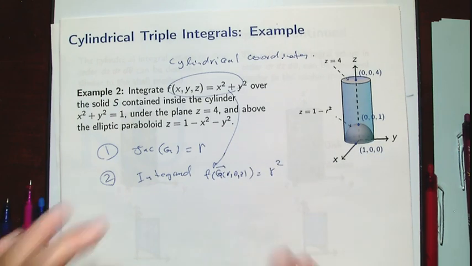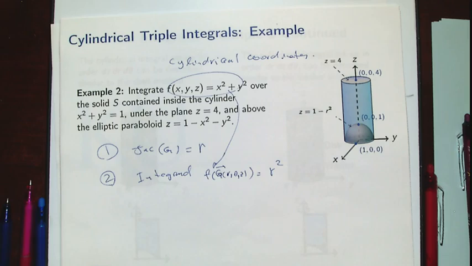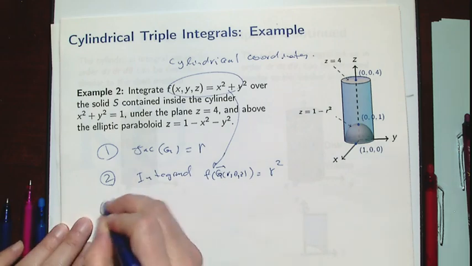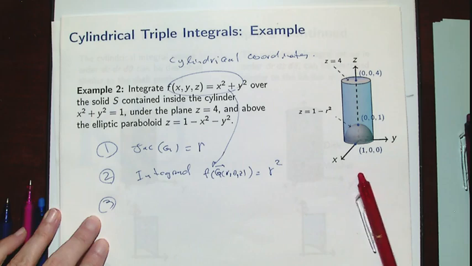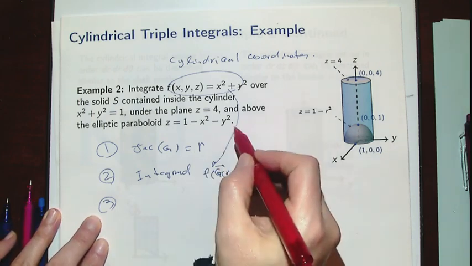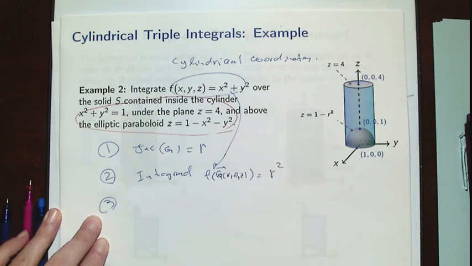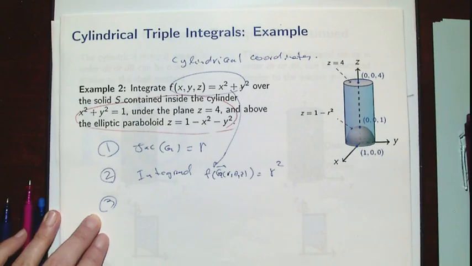That's the integrand. Now, I want to set up the bounds. What are the bounds here? What are the bounds in the xy plane? These are the boundaries in the xy plane. Your first step should be converting them into r, theta, and z.